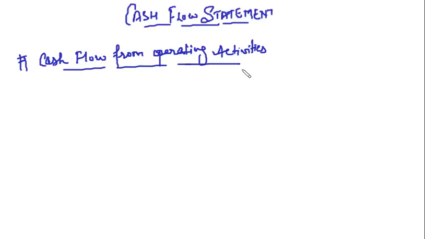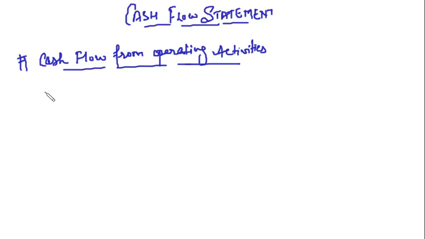Second is whether that activity involves actual inflow or outflow of cash or not. If any one of the conditions is not satisfied, that particular item does not belong to operating activities.